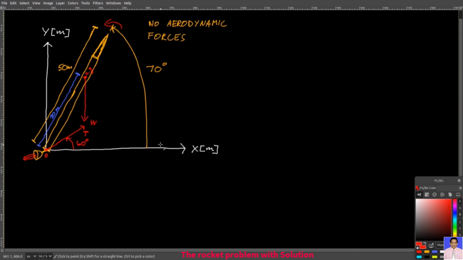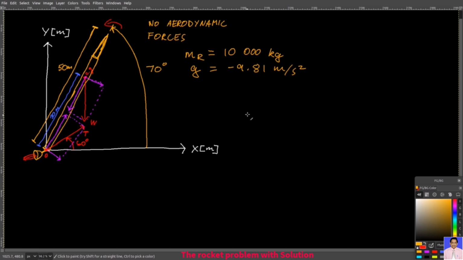Both vectors, the weight and then the thrust vector, can be decomposed parallel to the rocket and perpendicular to it. We just use this parallelogram rule where we obtain two components that are perpendicular to each other. Also, the mass of the rocket is 10,000 kilograms and gravitational acceleration is minus 9.81 meters per second squared, meaning that it points down in the same direction as this W vector.